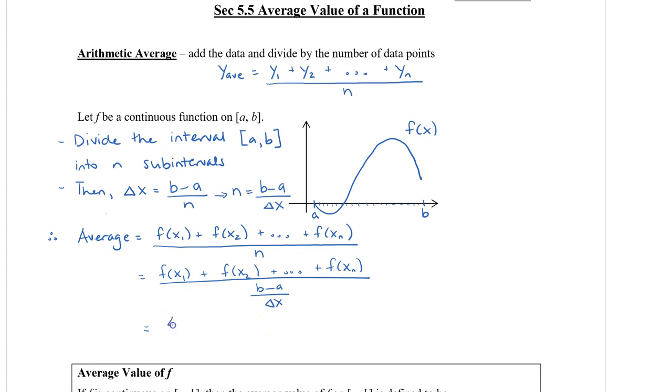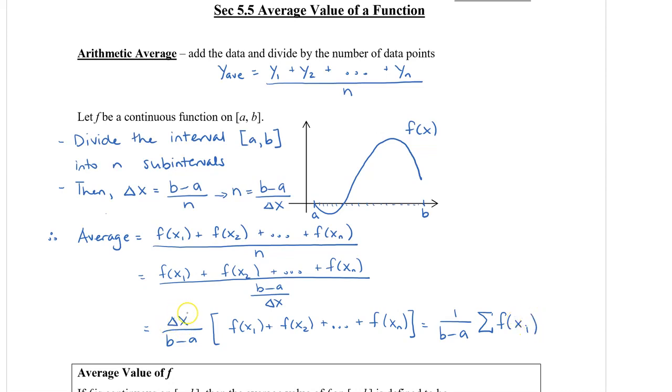And then when we divide, we get delta x divided by b minus a times f of x1 plus f of x2 plus, and so on, all the way to f of x sub n. All right, so this is the same as writing 1 over b minus a, and the sum, I'm going to use the sigma notation, of all of these y values, so f of x sub i, and then I'm going to take the delta x and multiply that too, and have that written at the end.